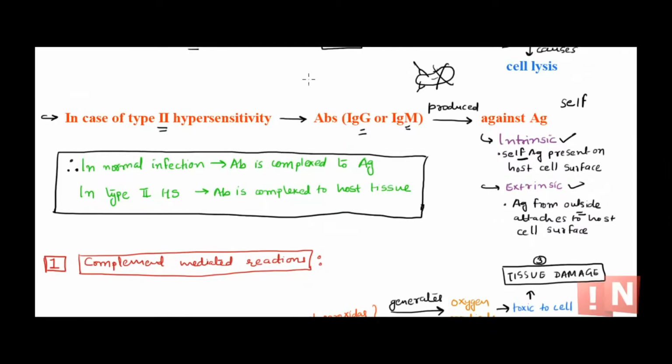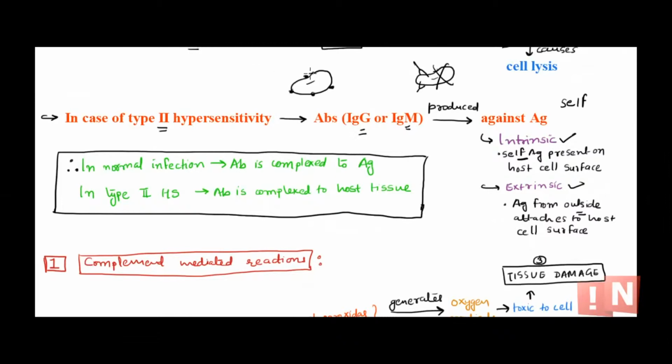For example, some drugs, some haptens. Haptens can bind to your own cell and then act as an antigen. Penicillin is such a drug that would bind to your own cell and then it will be recognized as an antigen. Because it's a hapten, it's a very small molecule, alone it is not going to get recognized.